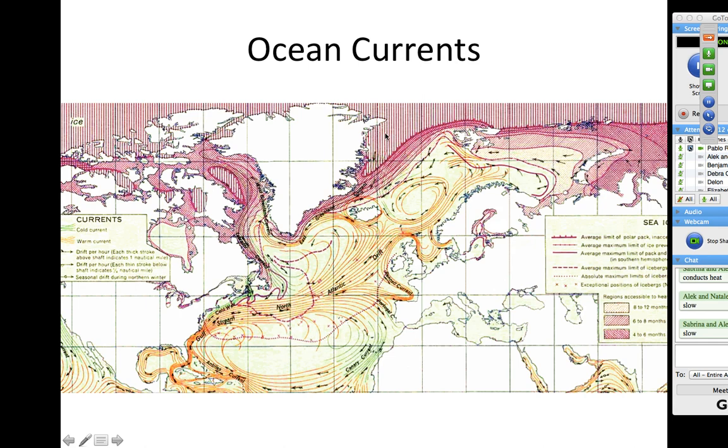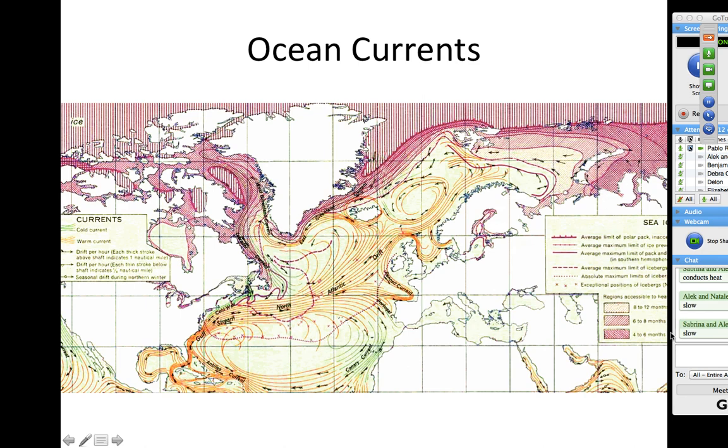The lines here in red are the areas where there's a lot of ice, and you see here the legend basically says the different amount of time where there is ice in that area, okay. 6 to 12 months, 6 to 8 months of the year with ice, 4 to 6 months of ice.